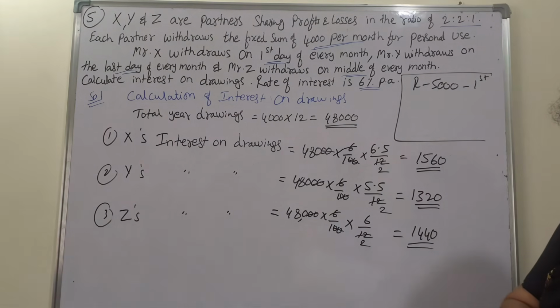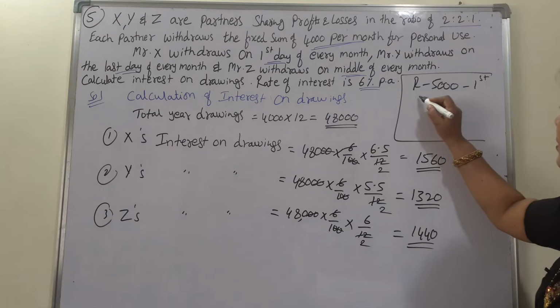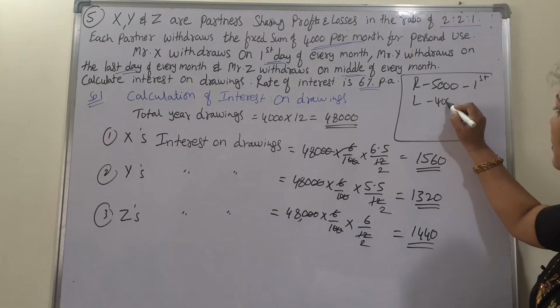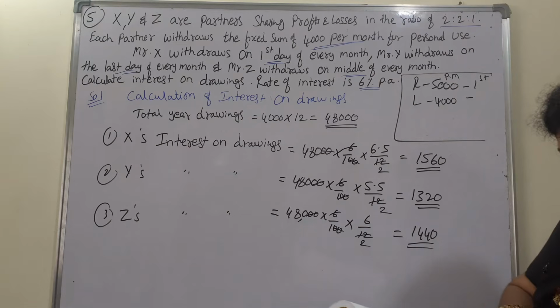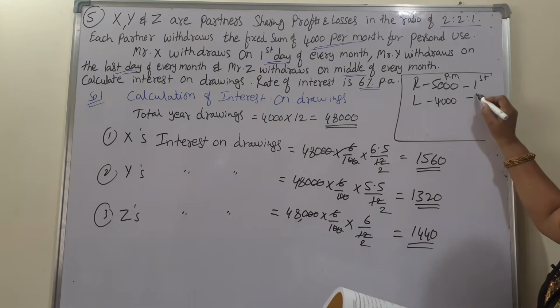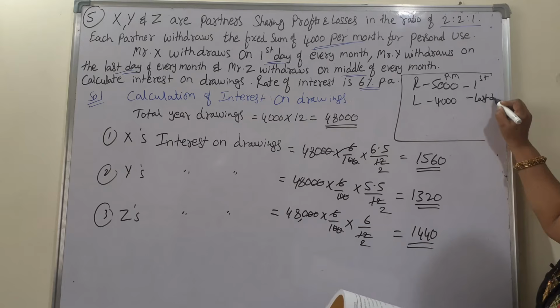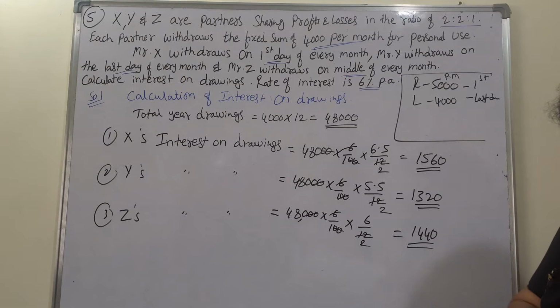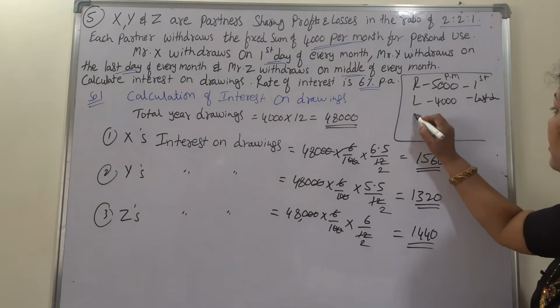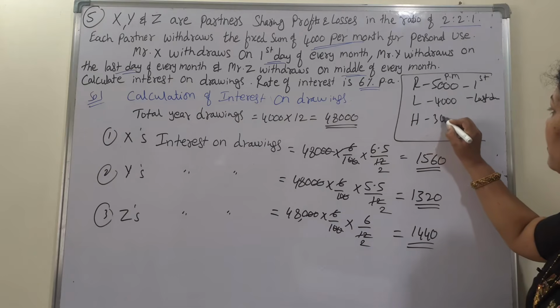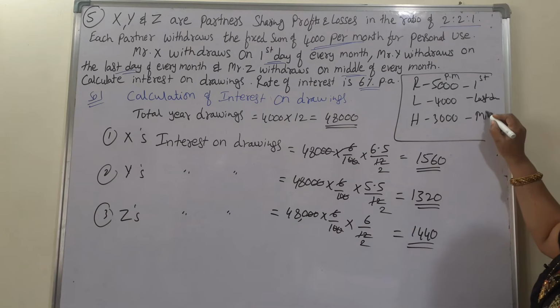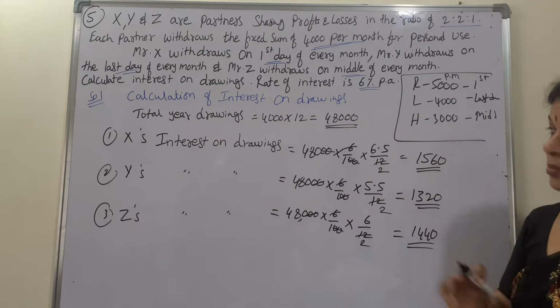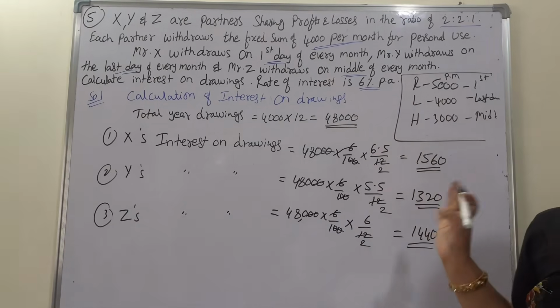Next one, Lakshman is withdrawing 4,000 per month, on the last day. Then Hanuman withdraws 3,000 per month, on the middle of every month. Calculate interest on drawings, the same 6% only.